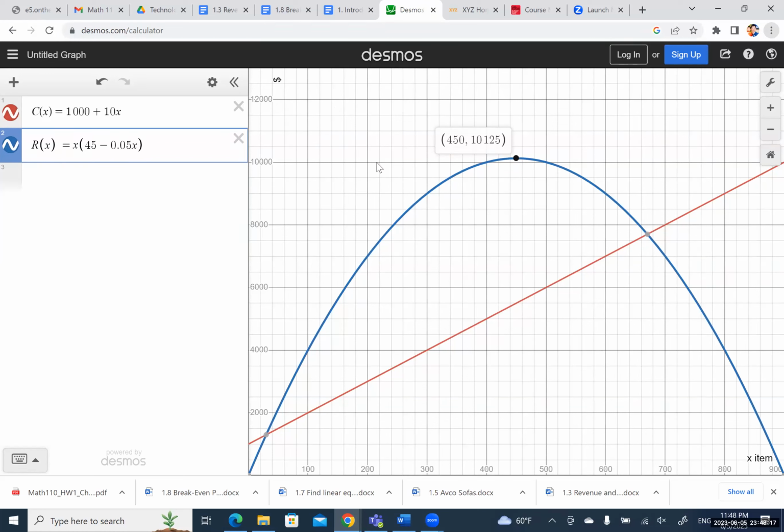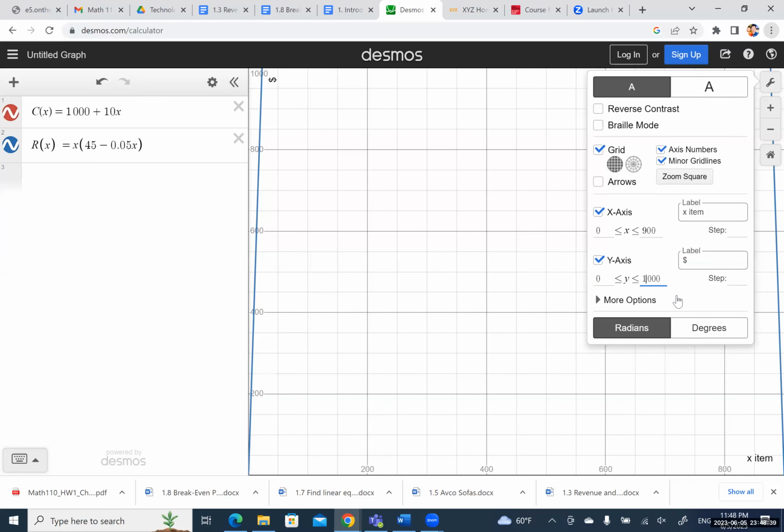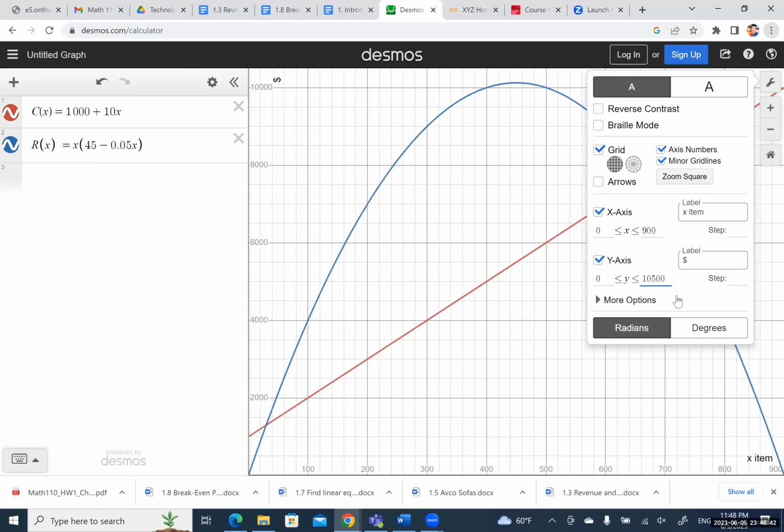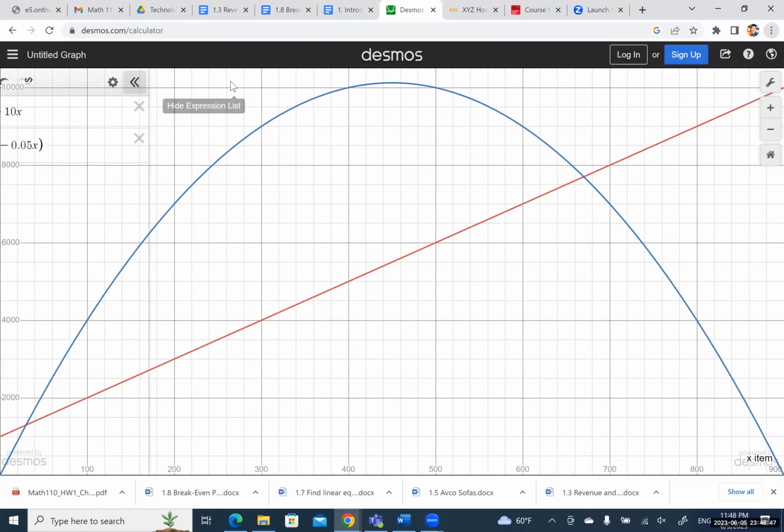You can just go up to 10,200. Okay, because the maximum revenue is going to be up to 10,025. So I can adjust this to make it smaller. So 10,500. Right? So now you will see you make a very clear graph for the boss to see.